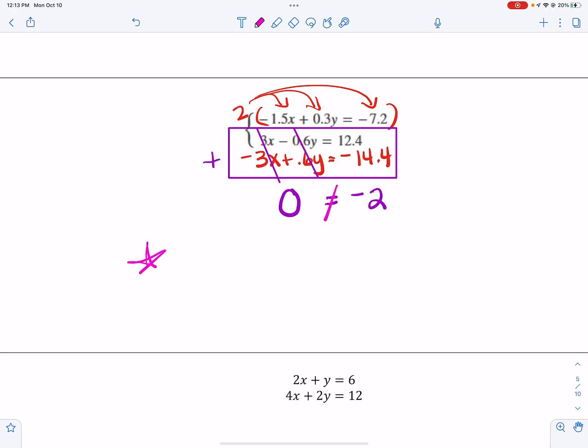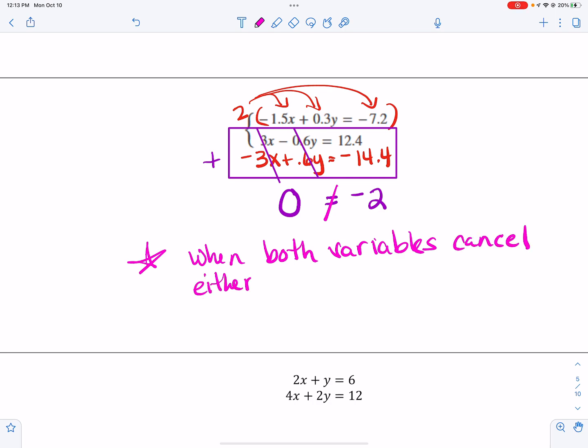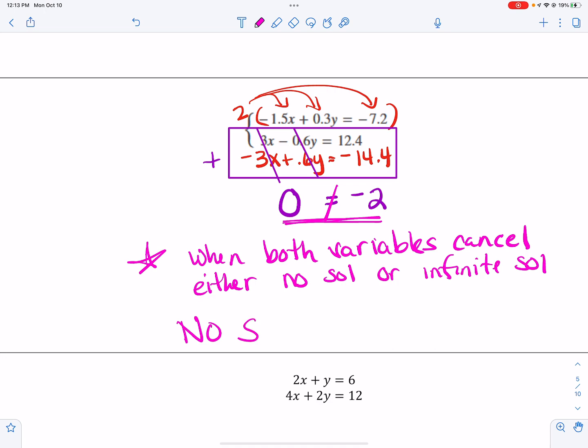So this is kind of a note: when both variables cancel, you are either going to have no solution or infinite solutions, okay? And because this right here is an untrue statement, this problem has no solution, okay?